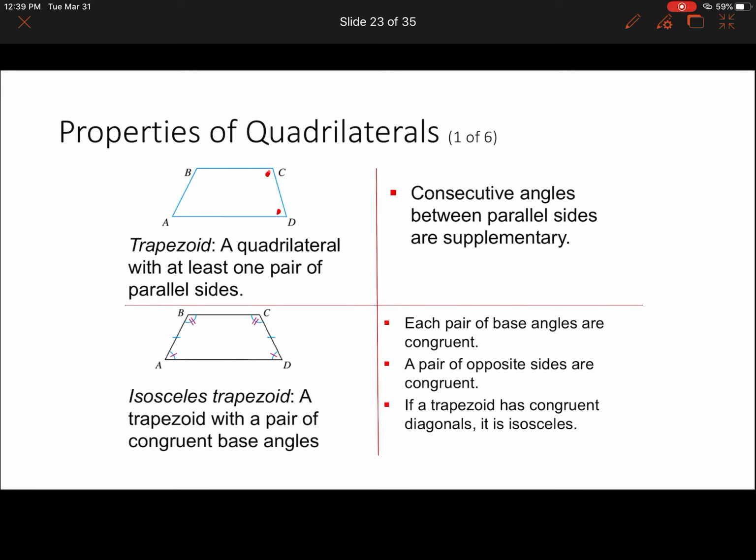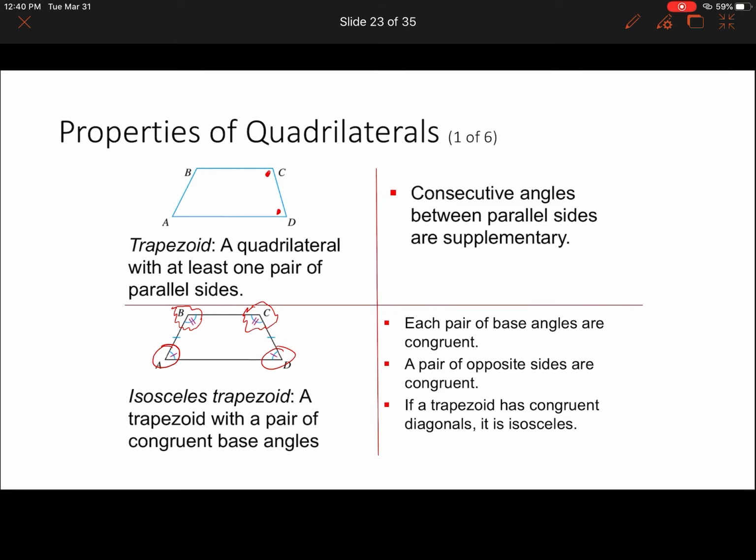If our trapezoid is an isosceles trapezoid, what that says is that we have a trapezoid with a pair of congruent base angles. Also, a side length is going to be congruent. Then we have these few properties. Each pair of base angles are congruent.